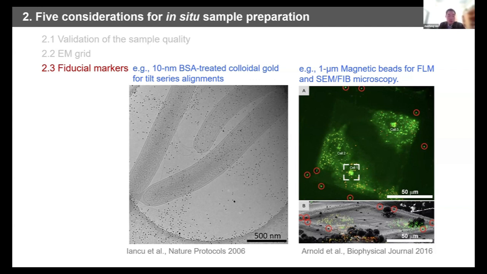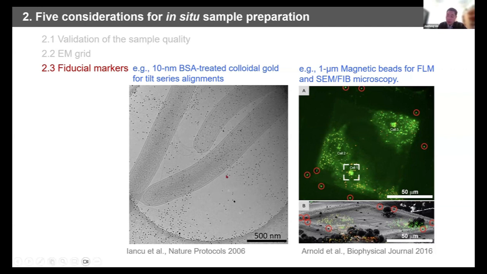So if you include fiducial markers like 10 nanometer BSA gold, you can still use these gold particles to align the movie and also align the tilt images at different tilt angles inside the tilt series. This can significantly improve the alignment accuracy and also improve your final reconstruction resolution.